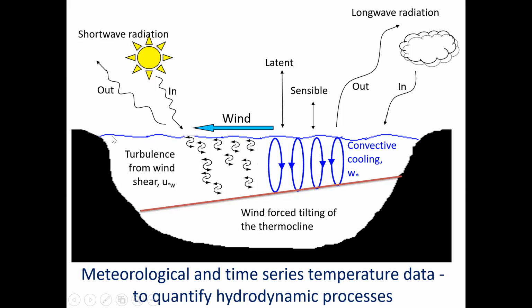And as the wind blows across, it increases the amount of water on this side, creating a head that depresses the thermocline. And I'll talk more about that later in this talk. But we measure these various variables, as I showed you before, in order to get that energy budget, to know what that energy is that's coming in to mix a lake or to tilt the thermocline.